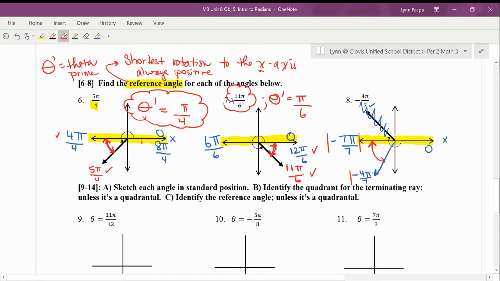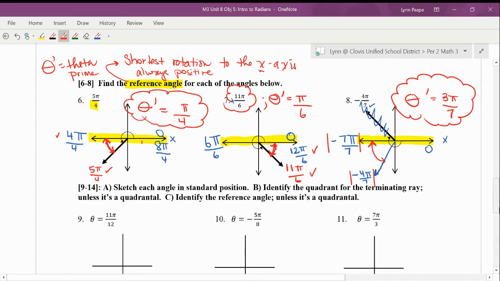We want to look at that absolute value piece of it. So even though those are negative rotations, we think of reference angles always being positive, so we're ignoring those negatives. So how far apart is 4 pi from 7 pi? They are 3 pi apart from each other. And even if it's a negative rotation, we still use positive values for reference angles.